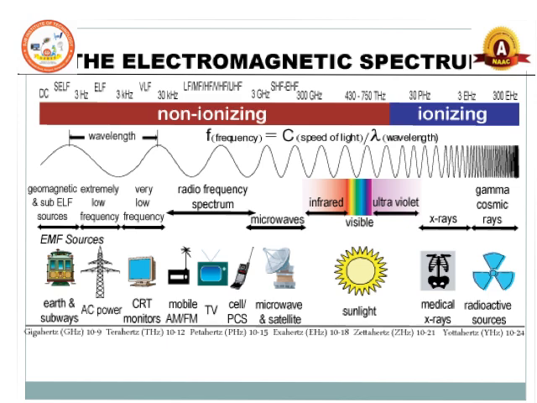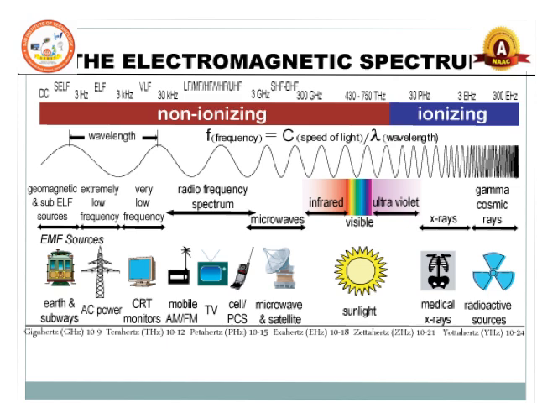As we know, in the electromagnetic spectrum, we have frequency ranges starting from DC to values like 3 Hz, 3 kilohertz, 30 kilohertz, 3 gigahertz, etc. These frequency ranges are named according to the applications as well as the frequencies of operation. They are named as low frequency, very low frequency, high frequency, like that.